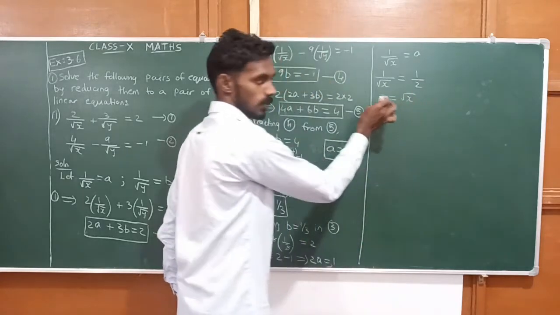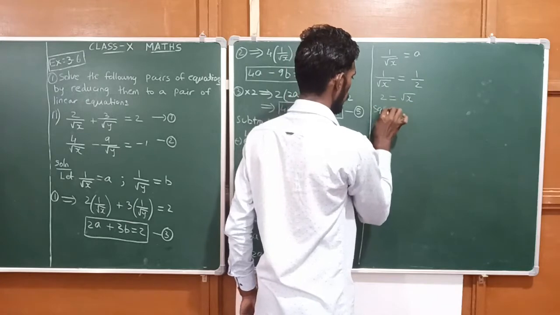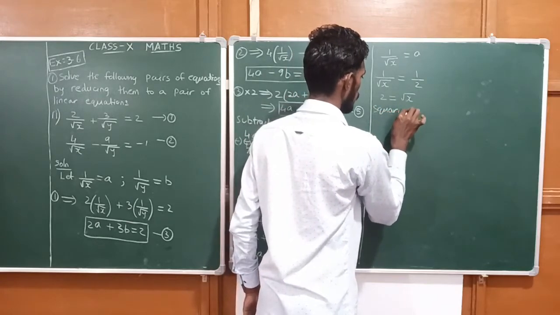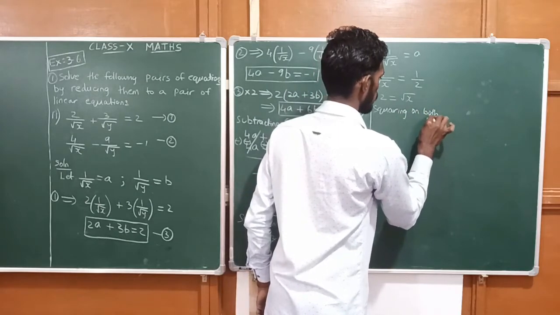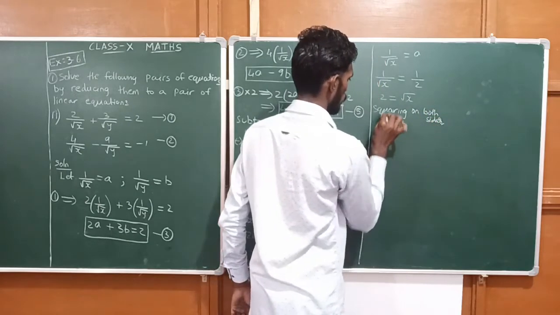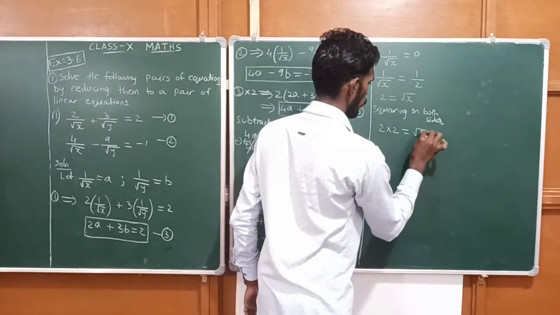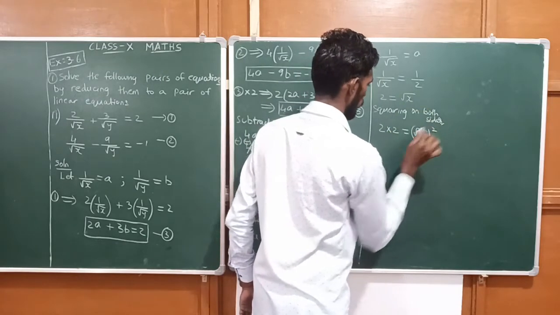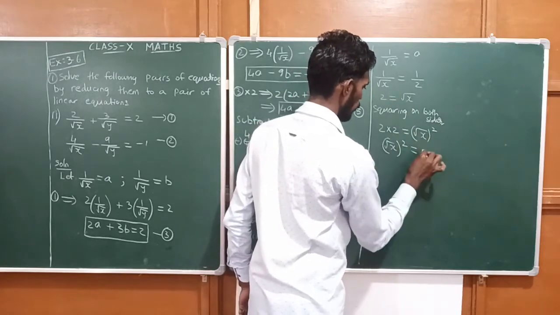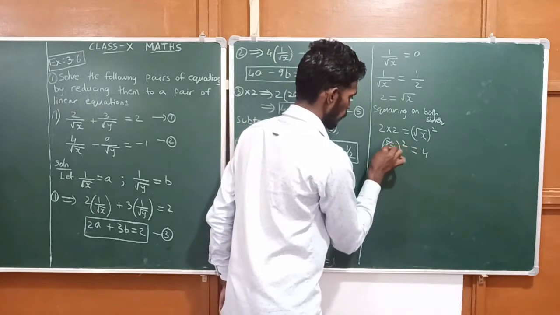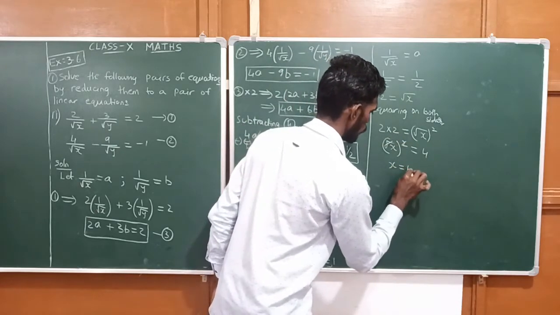So root x is equal to 2, we are going to find the value of x. For that I am going to square on both sides. So 2 into 2 is equal to root x square. So root x square is equal to 2 into 2 gives 4. This root and square can be cancelled. So x is equal to 4.